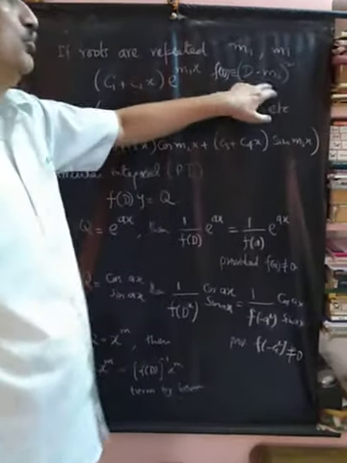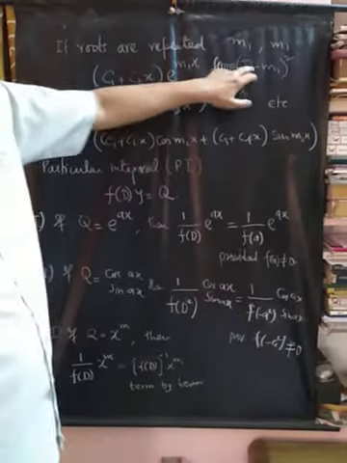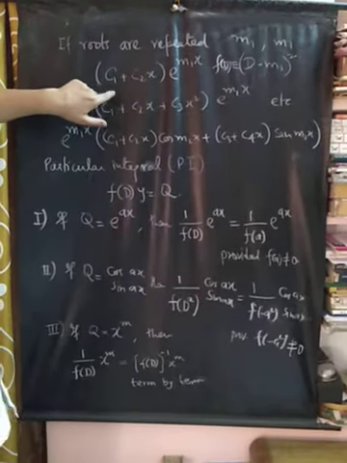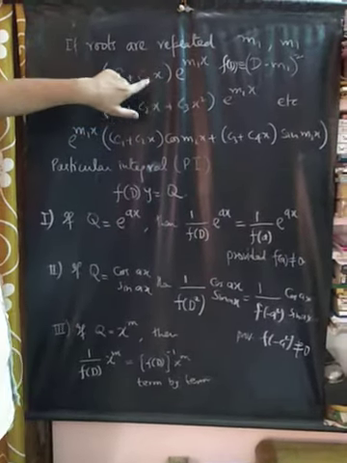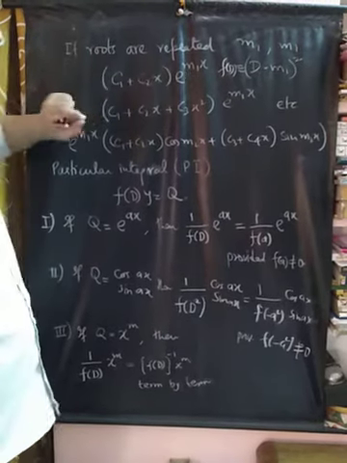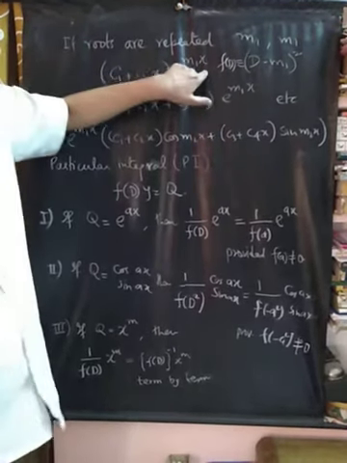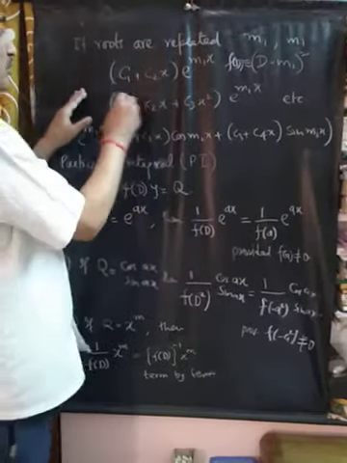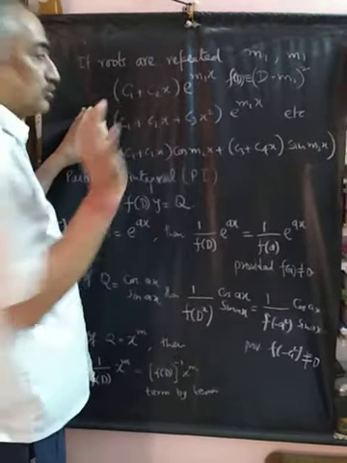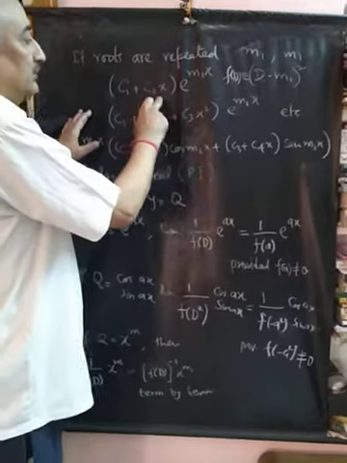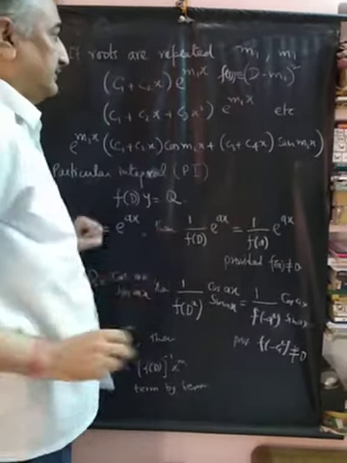So it will have two roots m1 and m1. Then the two solutions will be e^(m1 x) and x e^(m1 x), and you will write the complementary function as (c1 plus c2 x) e^(m1 x).